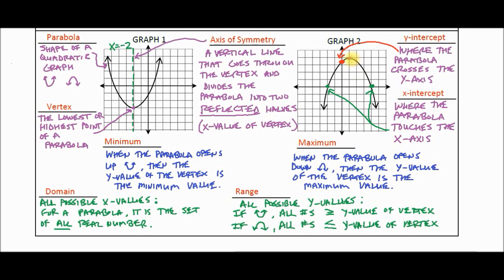Our maximum y value is 4, so our possible y values will be 4 and everything less than 4. So there is our definition of domain and range. Make sure you are familiar with these words. You don't have to know the exact definition, but when we're using these words in class, you need to understand what we are talking about when we use words like parabola, domain, axis of symmetry, and the rest of them.